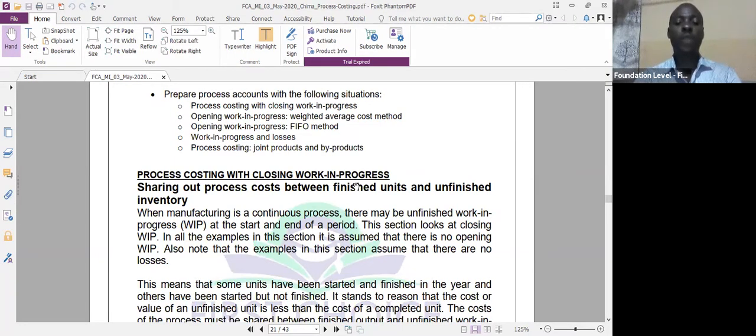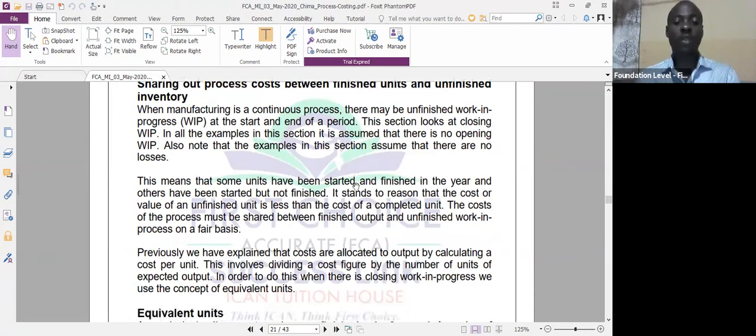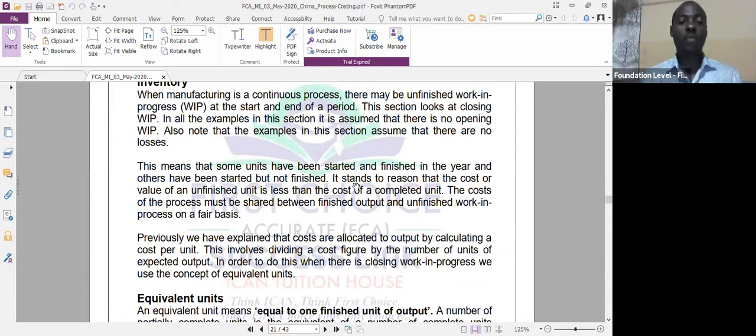Now we are going to be looking at process costing when there is a closing work in progress, but when there is no opening work in progress. Then later, we are going to be looking at work in progress at the beginning and at the end. All right.